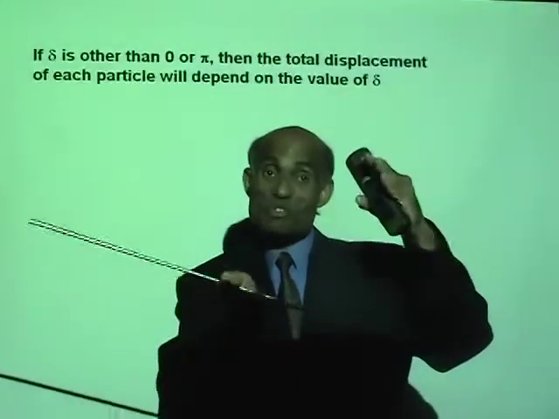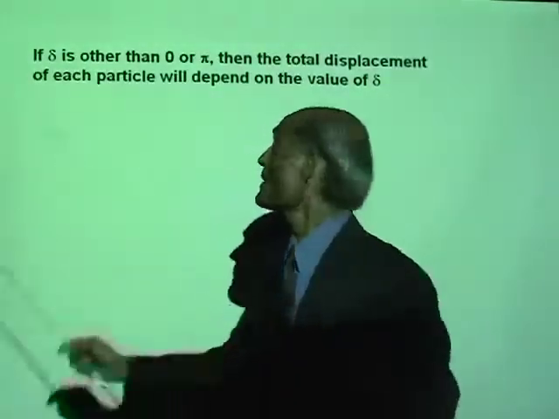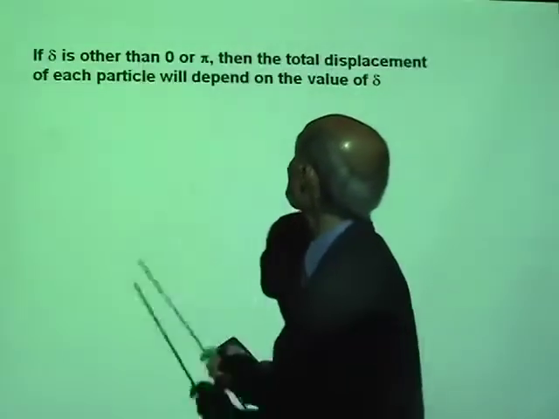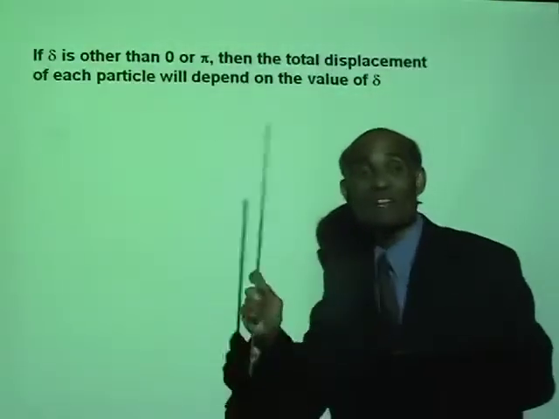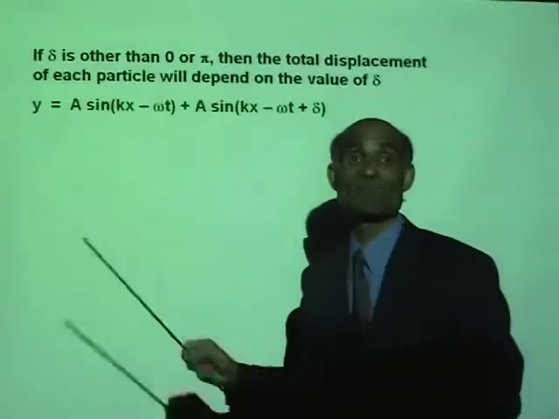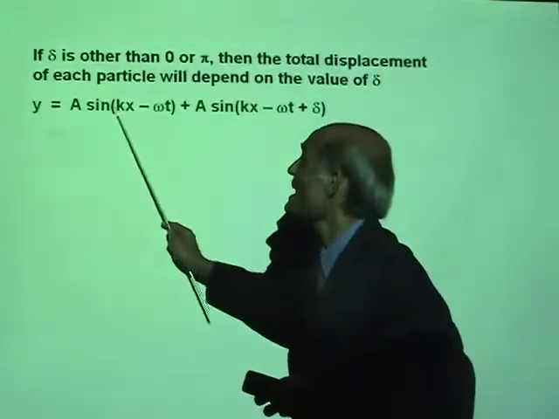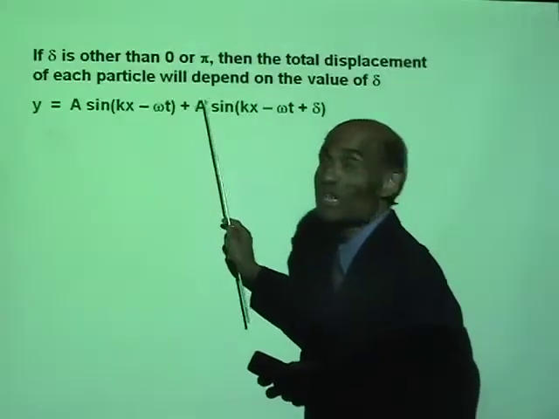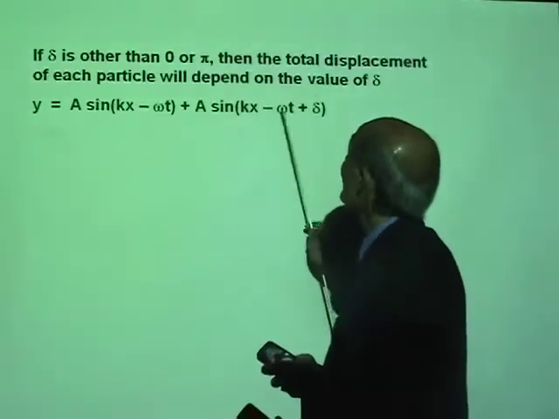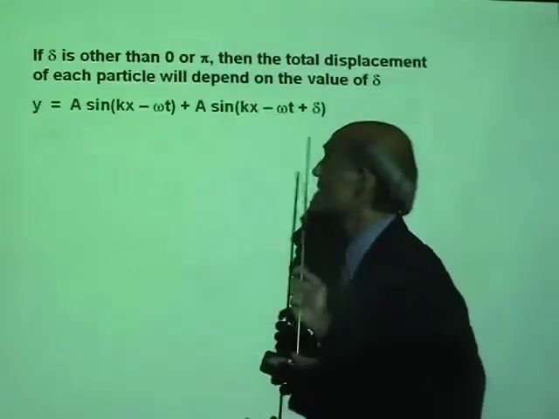So you can have a situation in between. Then the total displacement of each particle will depend on the value of delta. So it will be y equals a sin(kx minus omega t) plus a sin(kx minus omega t plus delta).